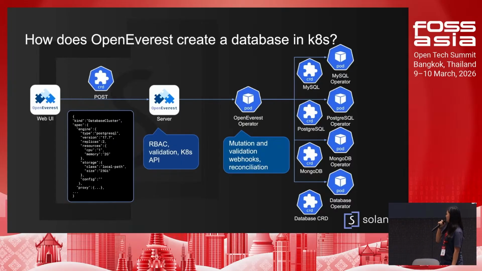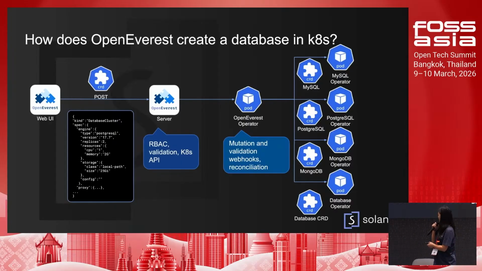Then the server does authorization and validates the payload, and then creates custom resources using the Kubernetes API. Then the OpenEverest operator uses an admission webhook to add default values and validate the custom resource before persisting it to etcd.